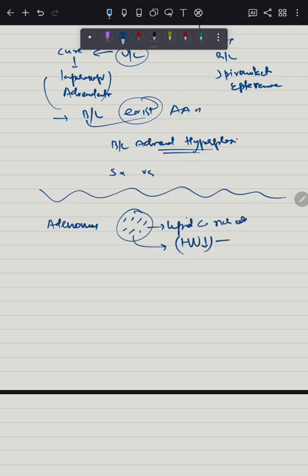If an adrenal lesion is not clearly low density, we use the contrast washout protocol. We give IV contrast, and we measure how quickly it washes out of the lesion. Adenomas wash out fast, but malignant tumors wash out slowly. So in adenoma the washout will be fast, and in carcinoma there will be slow washout.